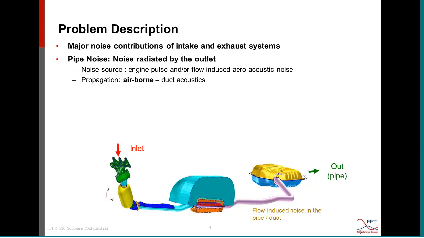And the pipe noise is an air-borne noise propagation, which means the acoustic waves propagate through the interior volume of the lines and the components. This propagation will go through the entire system until it propagates out of the outlet of that line. Flow-induced noise also occurs in the pipe and duct systems.